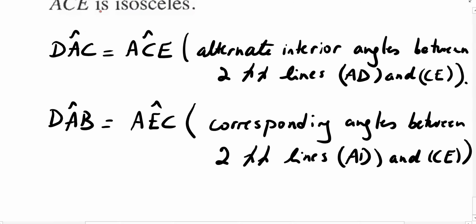Now let me compare. But DAC equals DAB because of the bisector.